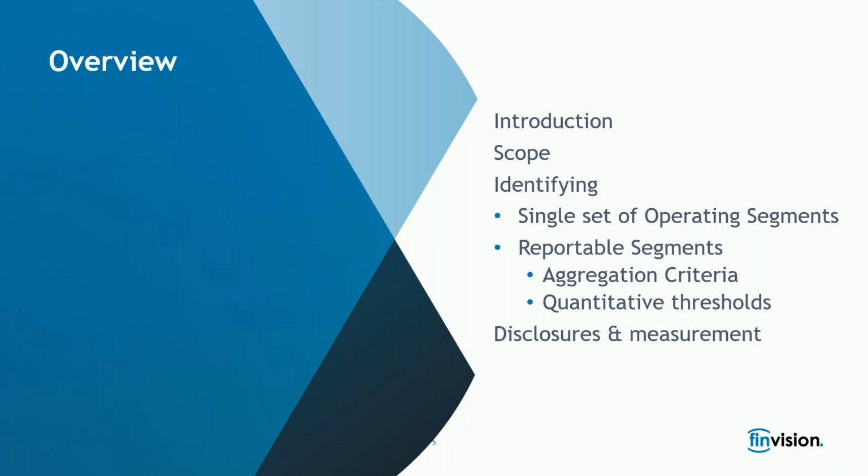In the second step, IFRS 8 indicates how to go from identified operating segments to reportable operating segments. For that, there are the aggregation criteria, both qualitative and quantitative. And last but not least, the disclosure, because it's putting into practice what IFRS 8 is defining and how to measure it.